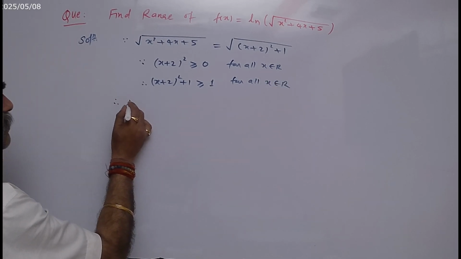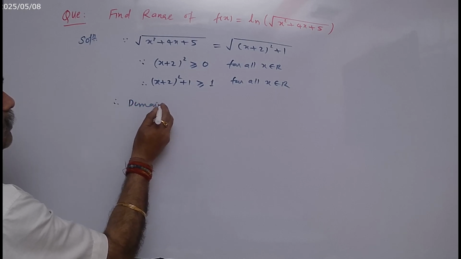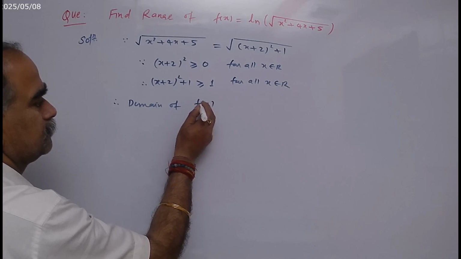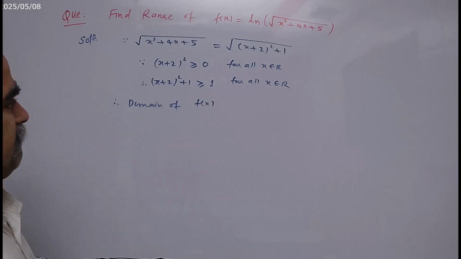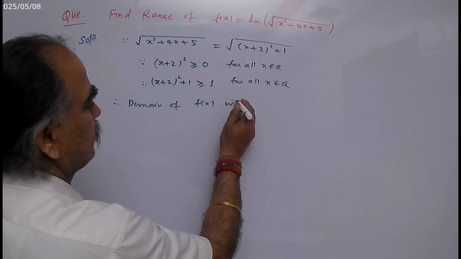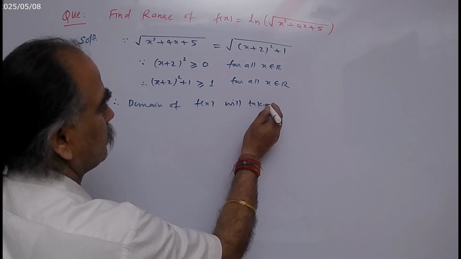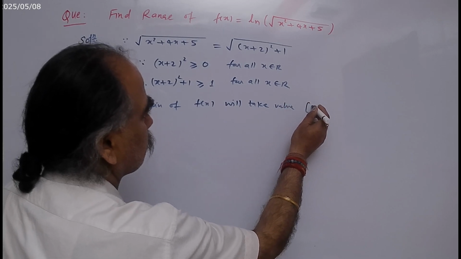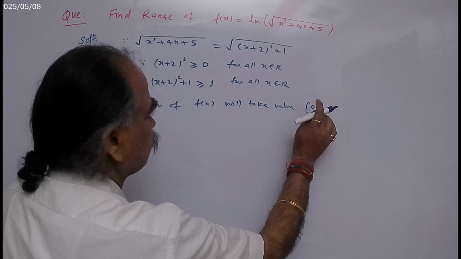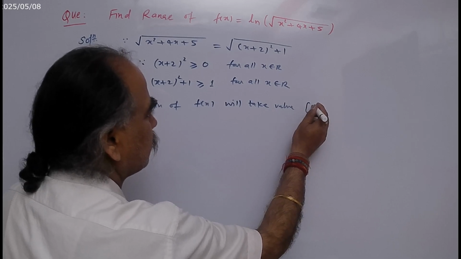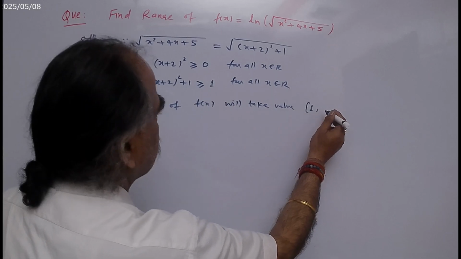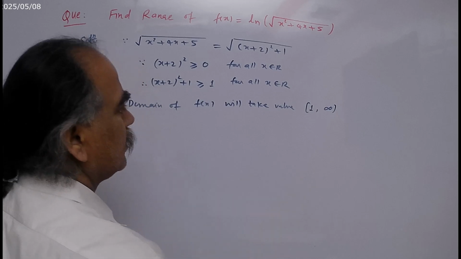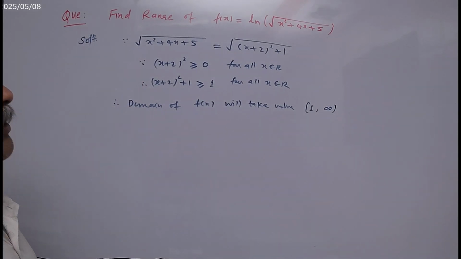Therefore the root expression will take values 1 to infinity. That means positive side. And at 1 log will become 0.